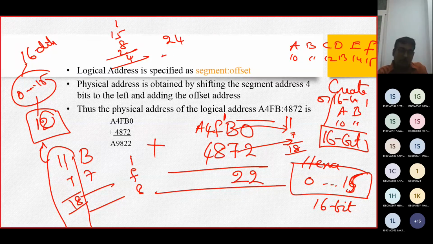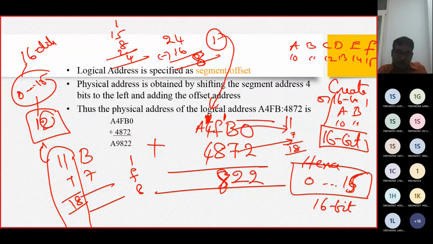So obviously we will take 1, and the remaining 8 we write at this position. So 4 plus 4 is 8, and this 1 we have written here. So this is 9.